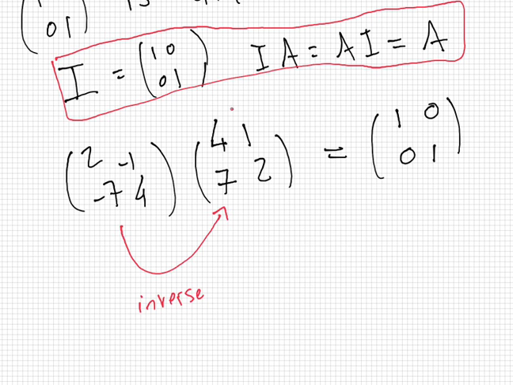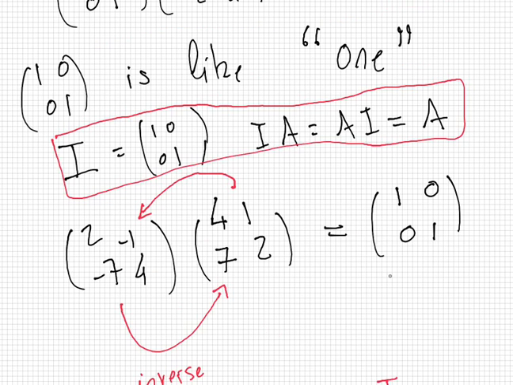I need a special letter now to show it's an inverse. If I call this matrix A, then I'll call this matrix here A with a little -1. That means inverse matrix. And when I multiply them, it makes I.